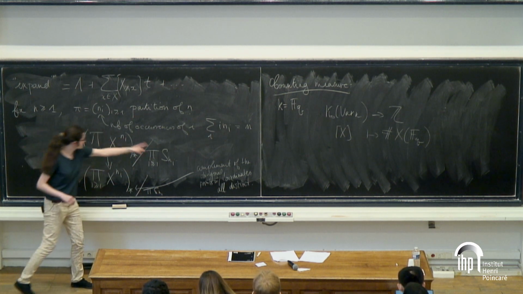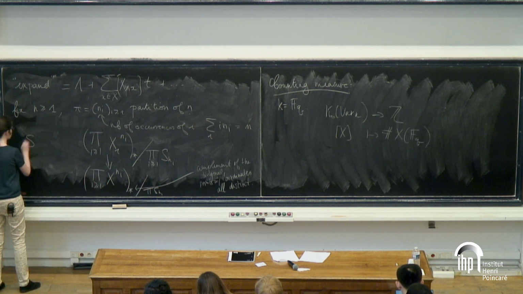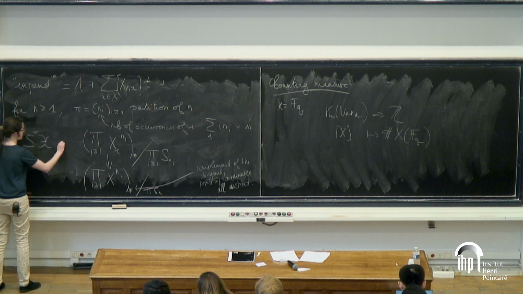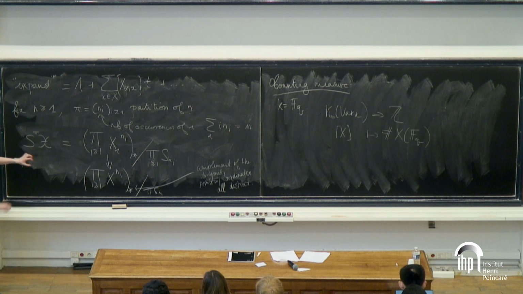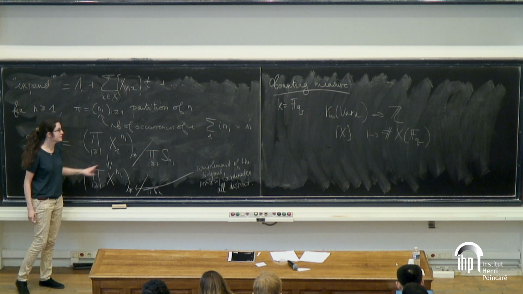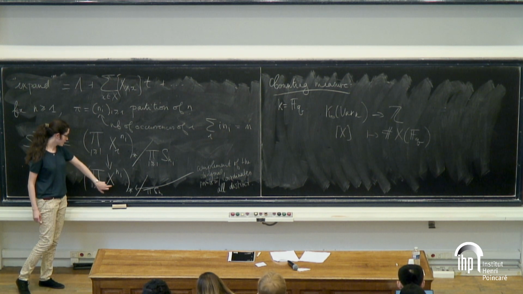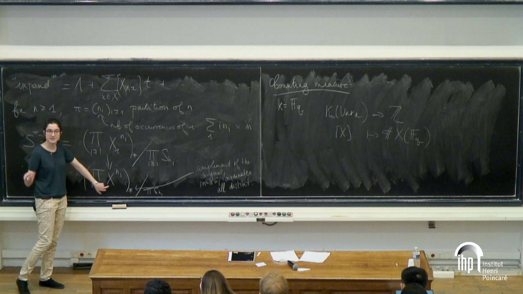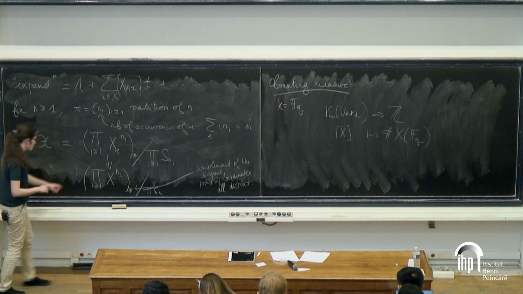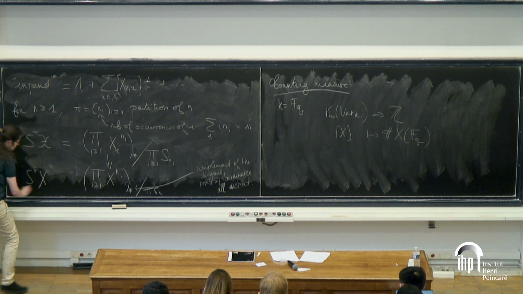Okay, and so this thing here, I will denote it as S_pi curly X. So this is the symmetric product of the family curly X with respect to partition pi. And if we look at this construction, we see that this is actually the same thing, but just when all the X_i's are equal to X with the identity map. So this thing here will also have a particular role, and I call it S_pi straight X.